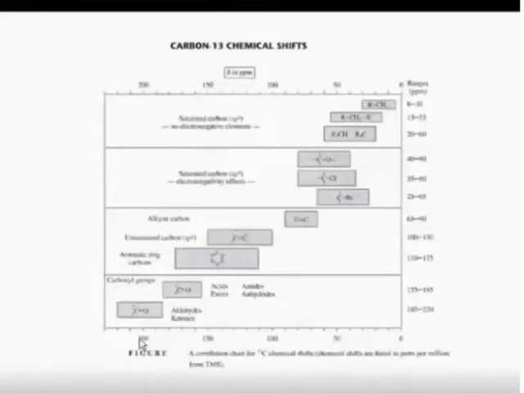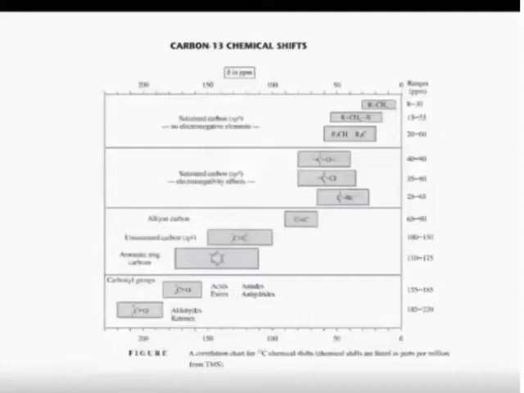In this chart, one thing it points out is that you're going to see the same kind of chemical shift effects that we saw for proton. You see the effects of inductive electron withdrawing and donating groups, and you also see the effects of magnetic anisotropy. It is the effects of the pi electrons of double, triple bonds and aromatic rings.